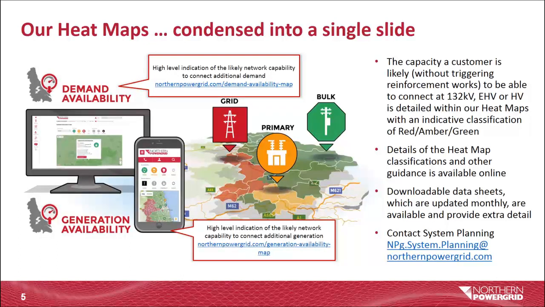Fuller details relating to the thresholds of these classifications are available online and will be discussed later in this presentation. Downloadable datasheets, which contain all the data used to underpin the heat map classifications and the monthly heat map updates, are provided and give additional detail and guidance on how to use the heat maps. Of course, we can provide bespoke assistance to anyone who requires it if you contact us using the email address.